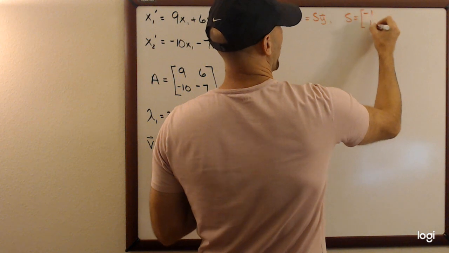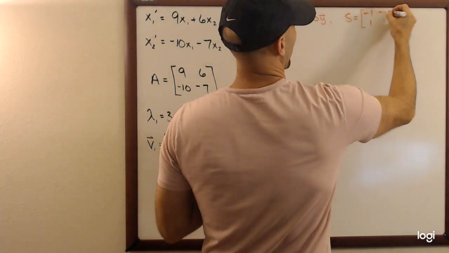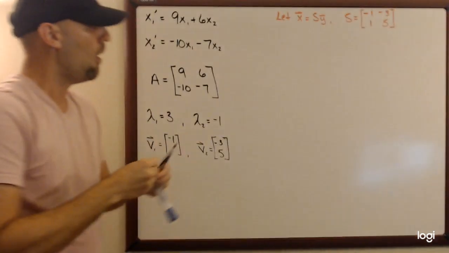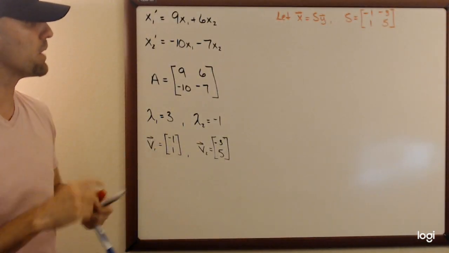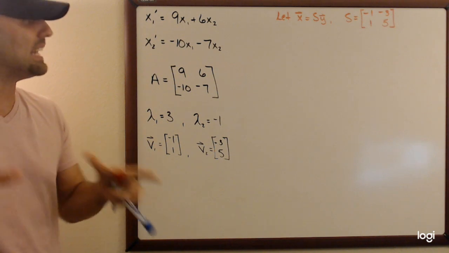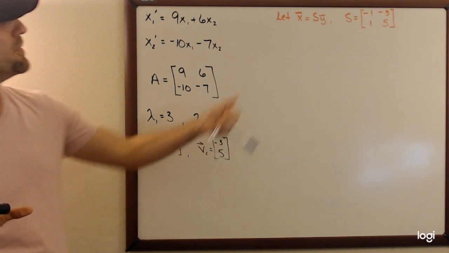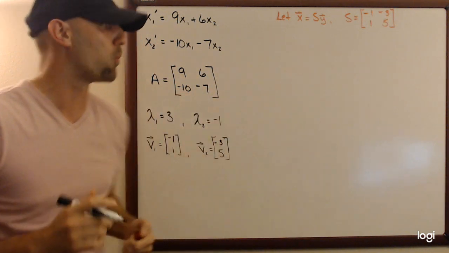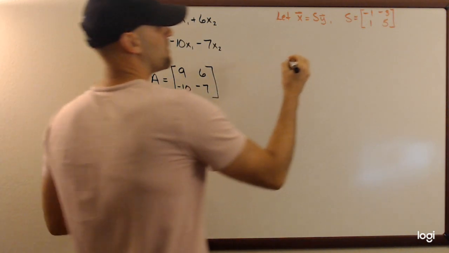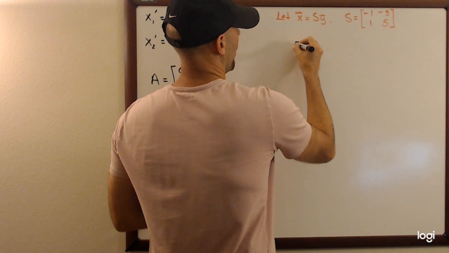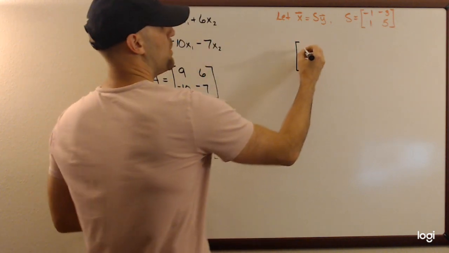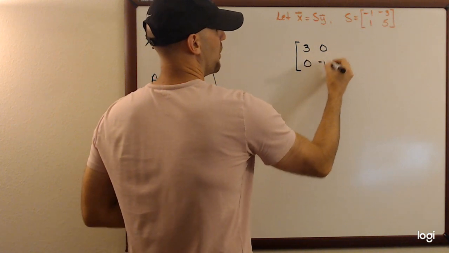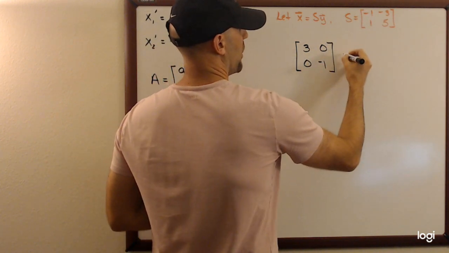So -1, 1, and then -3, 5. Okay, so there's S. So what I know then is that B times Y equals Y prime. And again, B was the diagonal matrix with the eigenvalues on the diagonal.